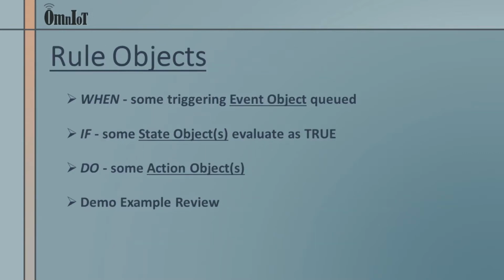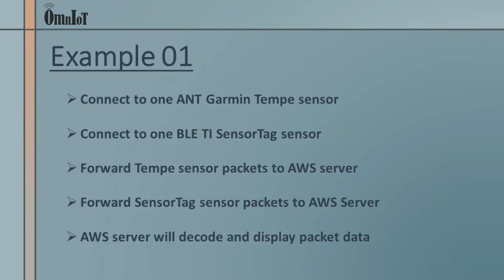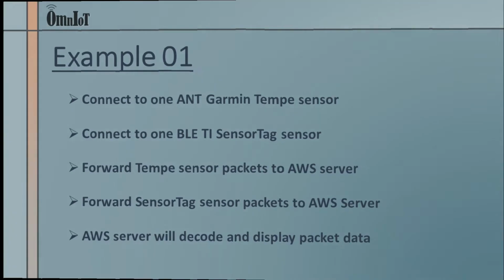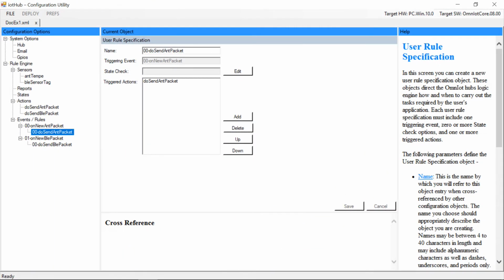Before we move on to the next example video, we'll quickly review the rule objects and hence the when, if, do logic for the first 2 examples in our demo series. Our first demo presented a scenario where we connected two sensors and then forwarded every packet from those sensors to a remote cloud server. Our rule set had only two rule objects.